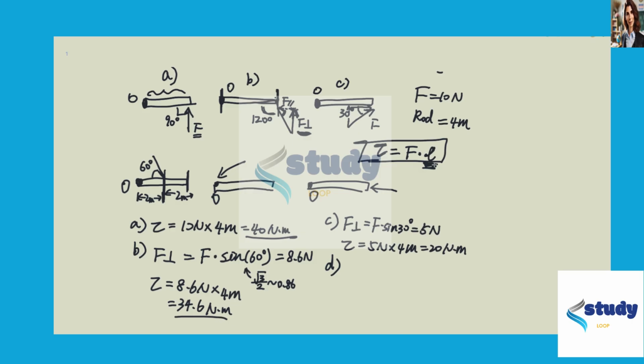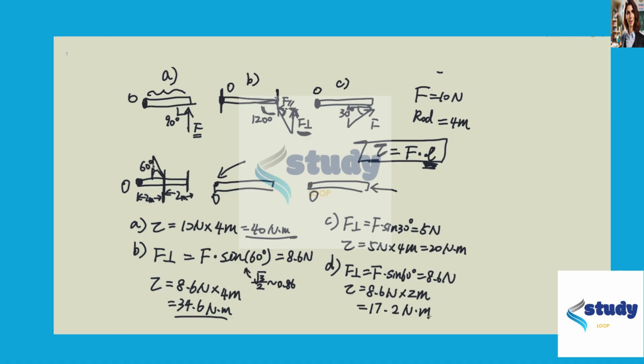This is still F times sine 60, which we've already calculated as 8.6 Newton. Now we have 8.6 Newton times 2 meters, and that will give us 17.2 Newton meter. So that's what we have for A, B, C, and D.